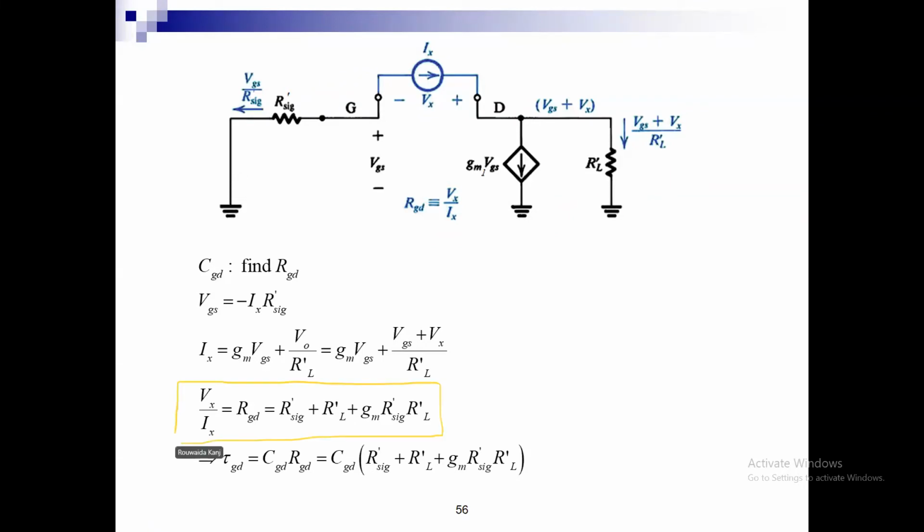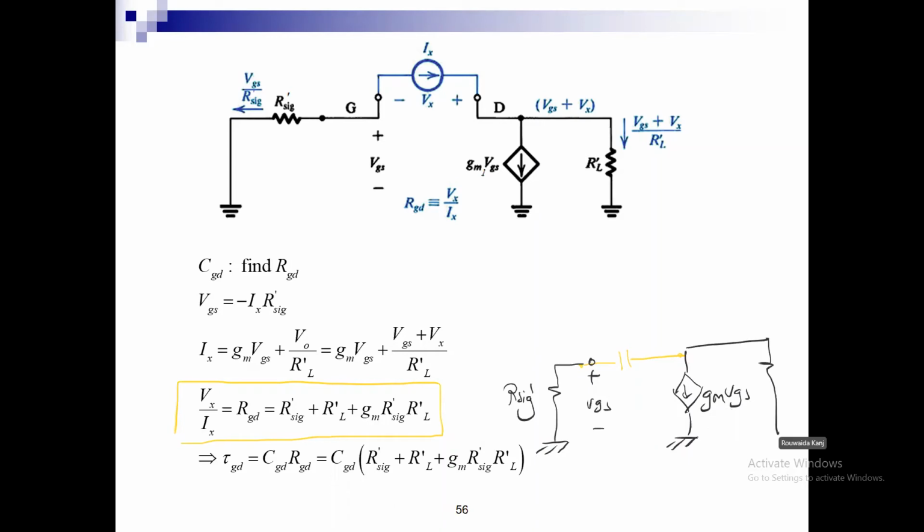And let us draw the circuit in a nicer way. So I had the capacitor and the capacitor was sitting here, and then to its left I had some resistor which was R sig prime, right, which was between this voltage here, which is VGS, and then to its right I have GM VGS and I have another resistor RL prime.